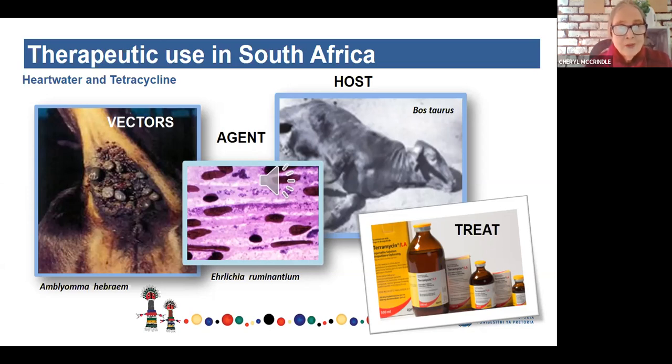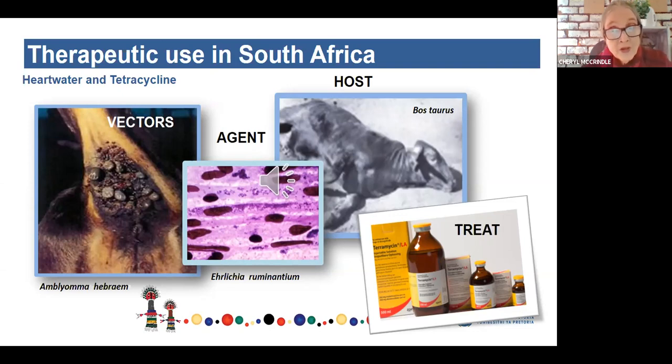The agent gets into the bloodstream, and as you can see, it multiplies in the endothelial lining of the blood vessels. And the result of that is the death of livestock, such as Bos taurus, which is the type of animal we normally call cattle, and they die very quickly.